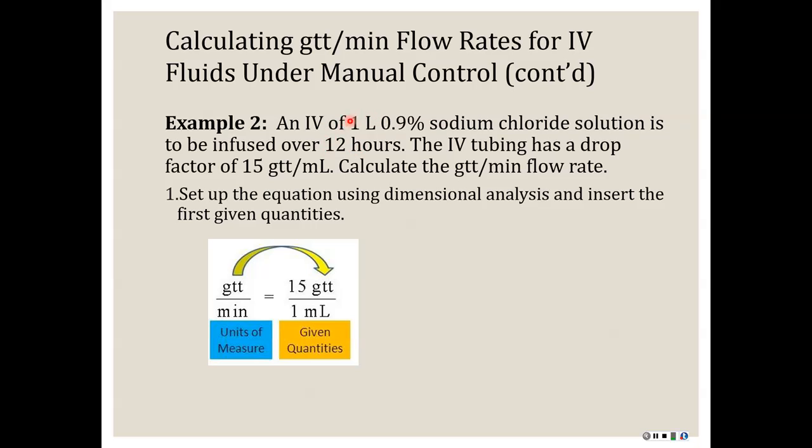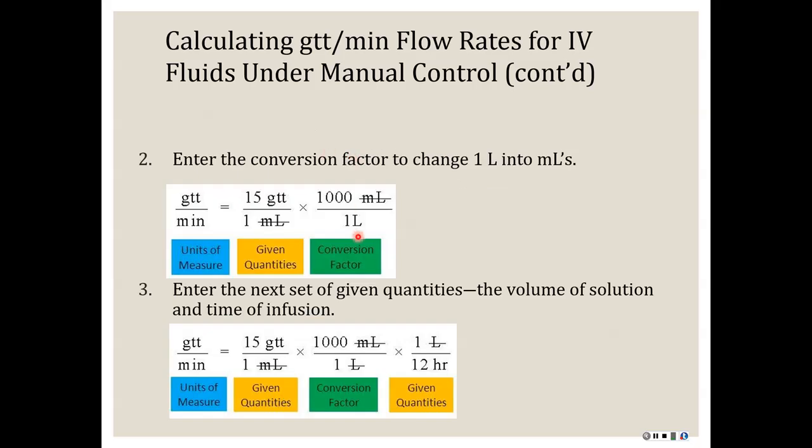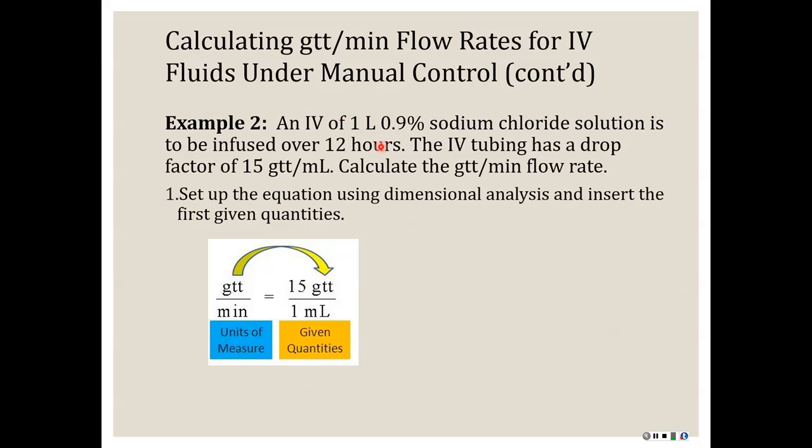So one way to do this would be to underline this or to write this together on your scratch paper. 1 liter per 12 hours. That is how the prescriber ordered it. That can't be separated. So we can't just put 1,000 milliliters over 1 liter and then think that we're using this liter here from our problem, because that's just simply our conversion step to change liters to milliliters.